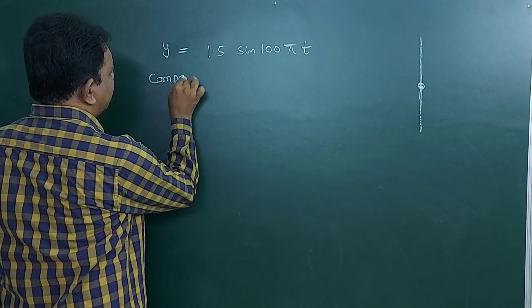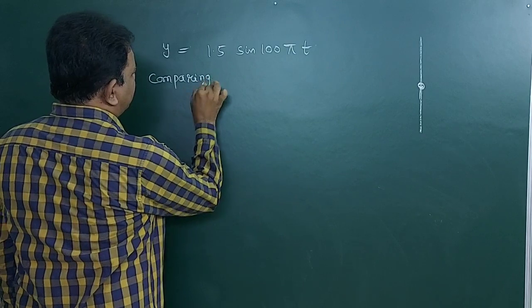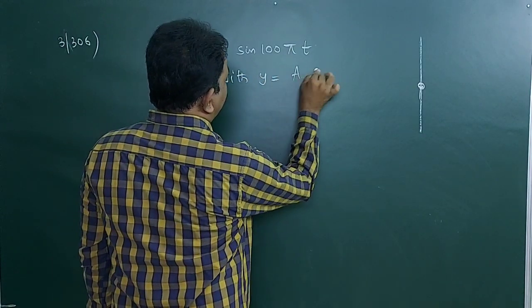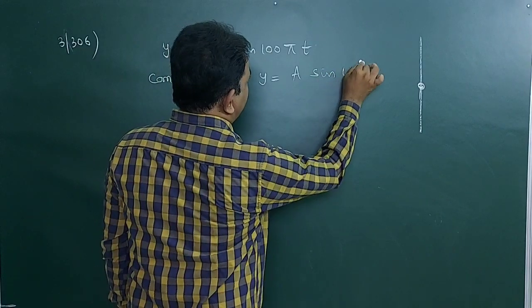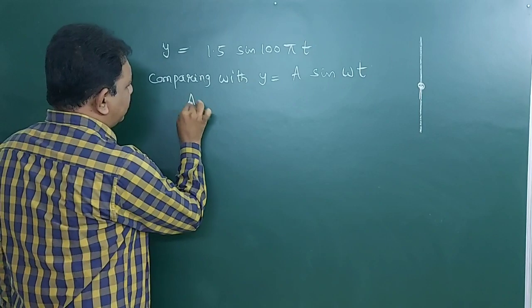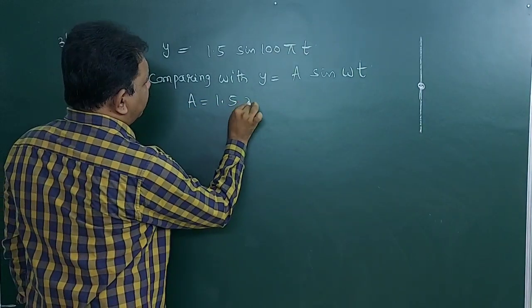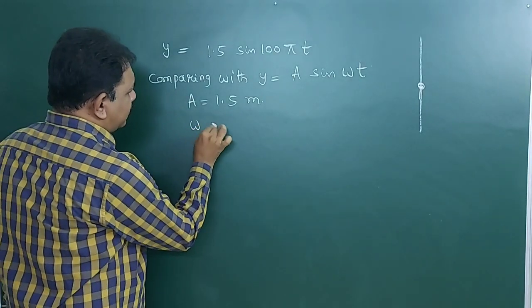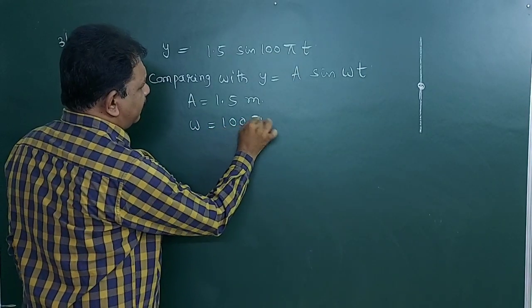Comparing with y = a sin ωt, a is equal to 1.5 meter. Omega is equal to 100π.